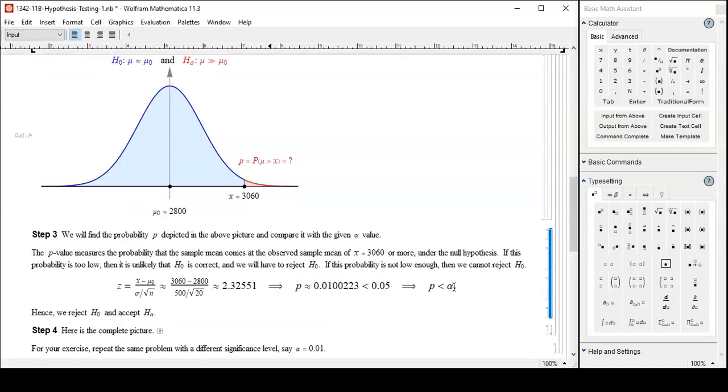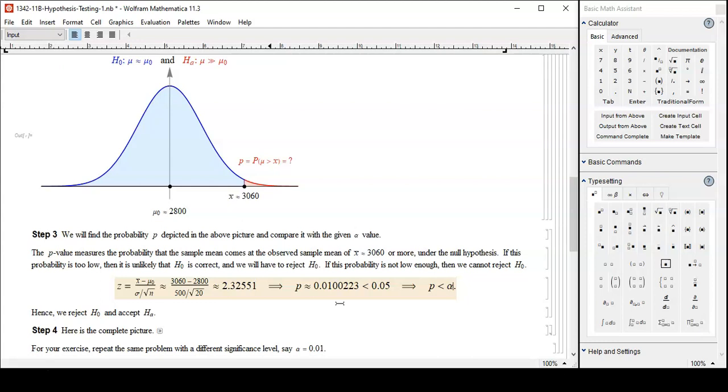Well, we find out through the z-score computation, x-bar minus mu over sigma over root n, and if you do it right, you're going to get about 2.33, and look up 2.33 from your z-table and get your p-value. You're going to get this blue part, because shading to the left, and that's about 99%, so you're going to get about 1%, 0.01, certainly less than 0.05.